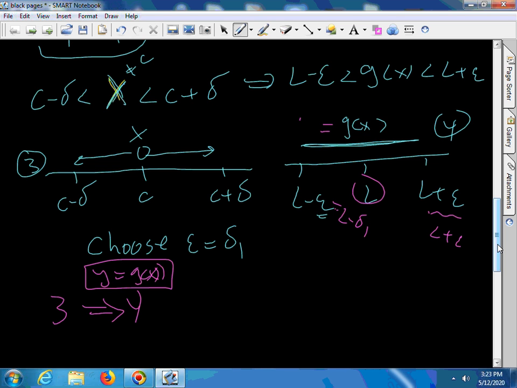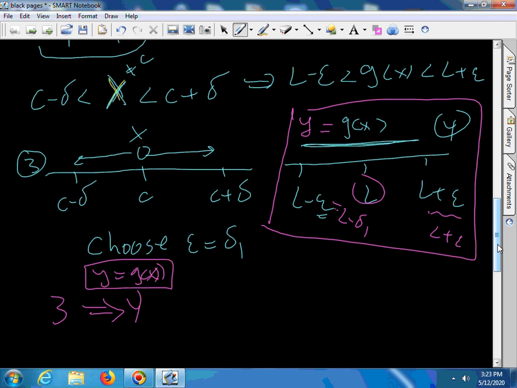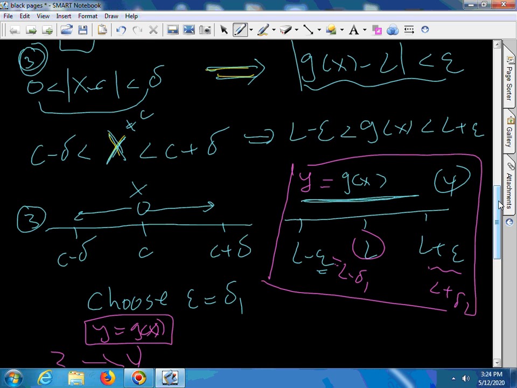Now, I claim that this is exactly the same as statement number 1. As I said, I'm going to let epsilon be delta 1. So this is basically saying that y is in between L plus delta 1 and L minus delta 1.